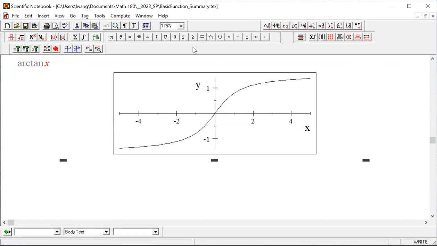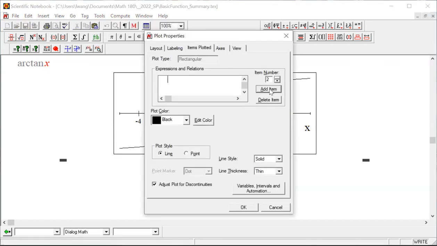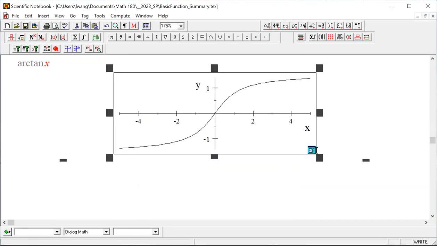It has horizontal asymptotes. One is negative pi over 2, and I'll make it a broken line. And the next one is pi over 2. So those are the horizontal asymptotes.